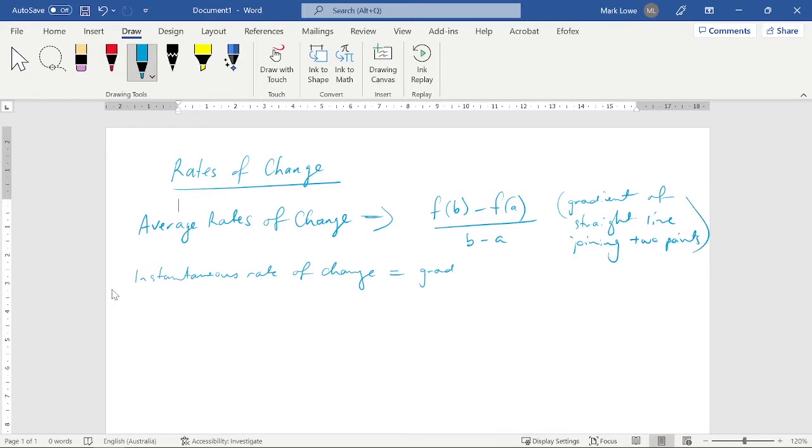Whereas our instantaneous rate of change is the gradient of a function at any instant, which is the same as the derivative at a single point, we might say.